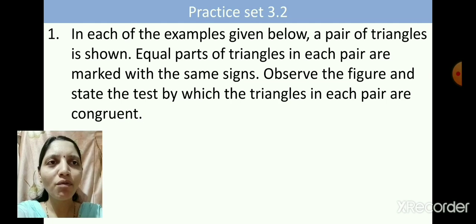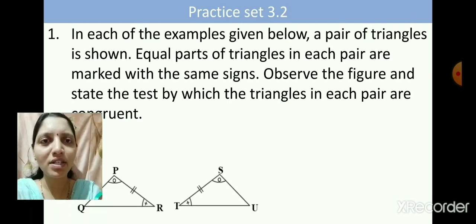Now the first question: in each of the examples given below, a pair of triangles is shown. Equal parts of triangles in each pair are marked with the same signs. Observe the figure and state the test by which the triangles in each pair are congruent. Now let's see the first example here.